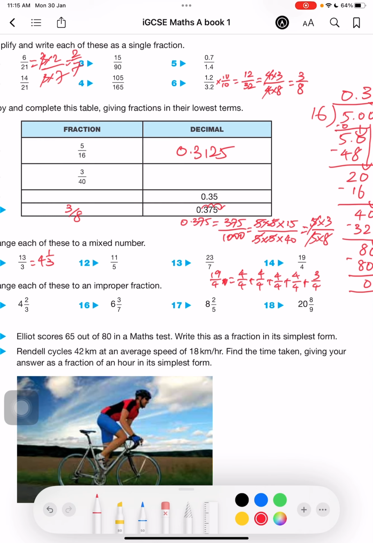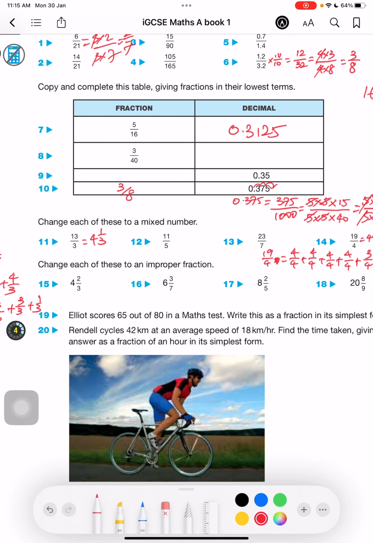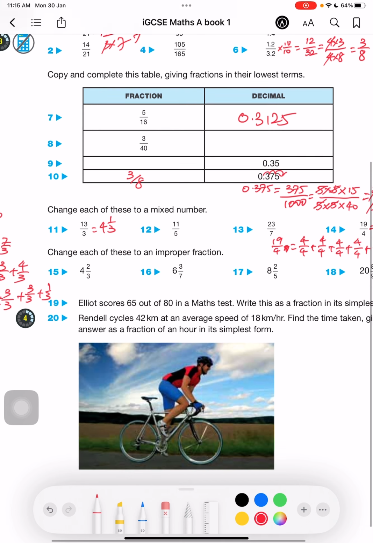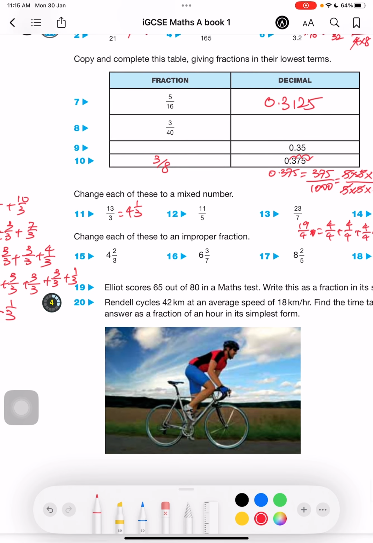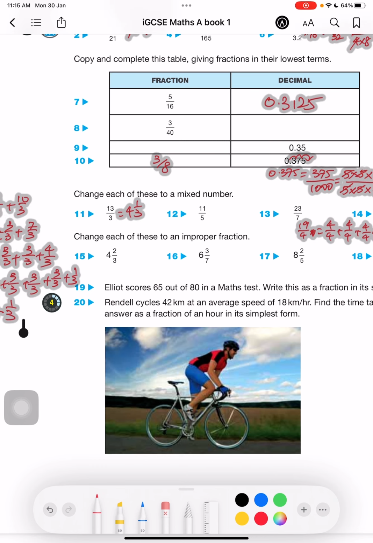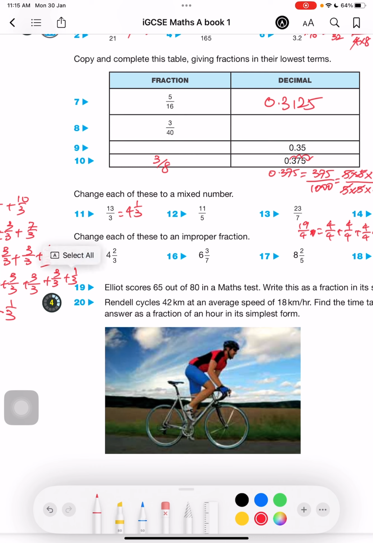So in this case, we have 4 wholes, remaining 3/4. This gives you 4, 3 over 4. So we have done this from improper fraction to mixed number. And in question 15, we are going to move on to mixed number to improper fraction. So that means just get rid of this working first.